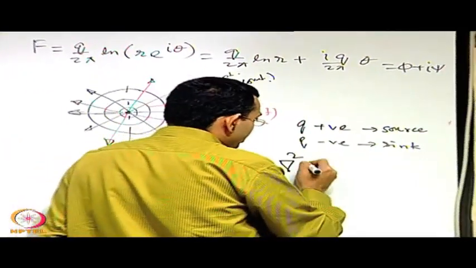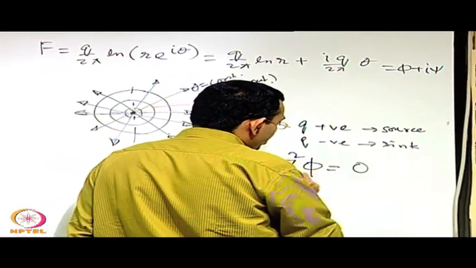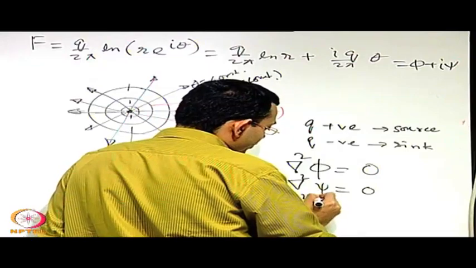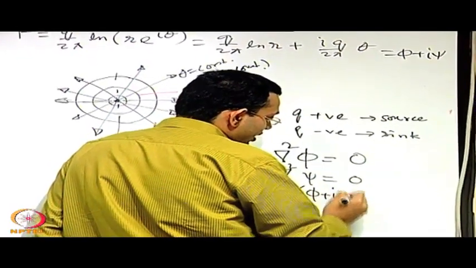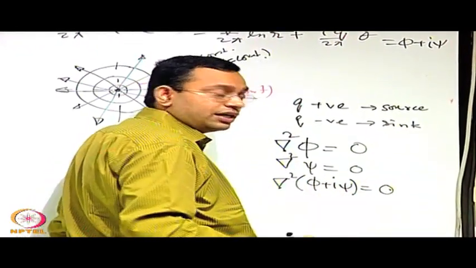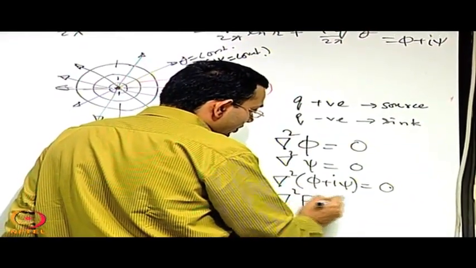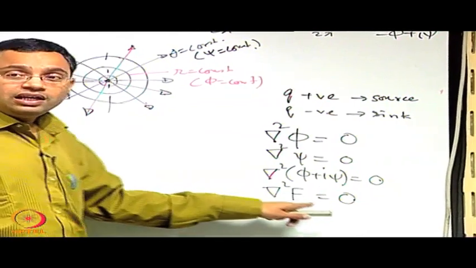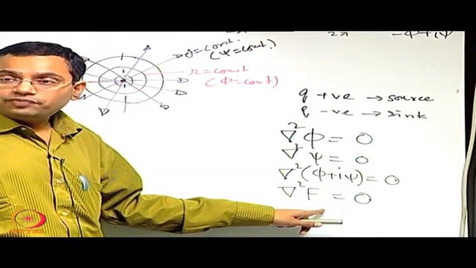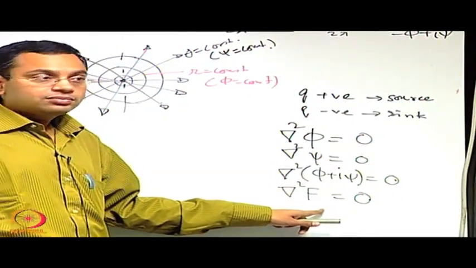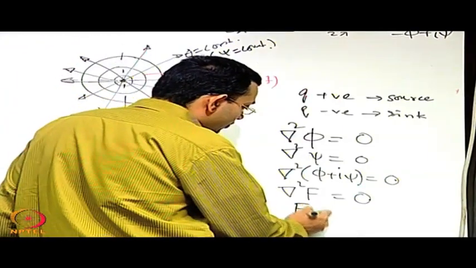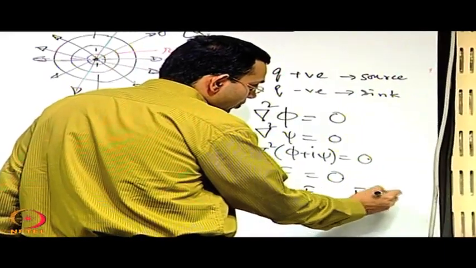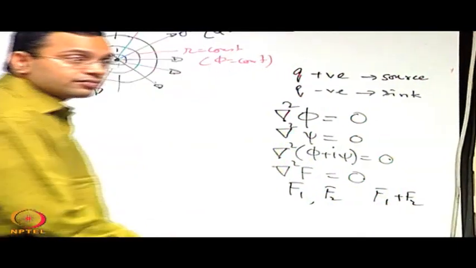So you have Laplacian of phi equal to 0, Laplacian of psi equal to 0, that means Laplacian of phi plus i psi also equal to 0, that means Laplacian of f equal to 0. This is a linear differential equation. That is why if f equal to f1 is a solution and f equal to f2 is a solution, then f1 plus f2 is also a solution, right.